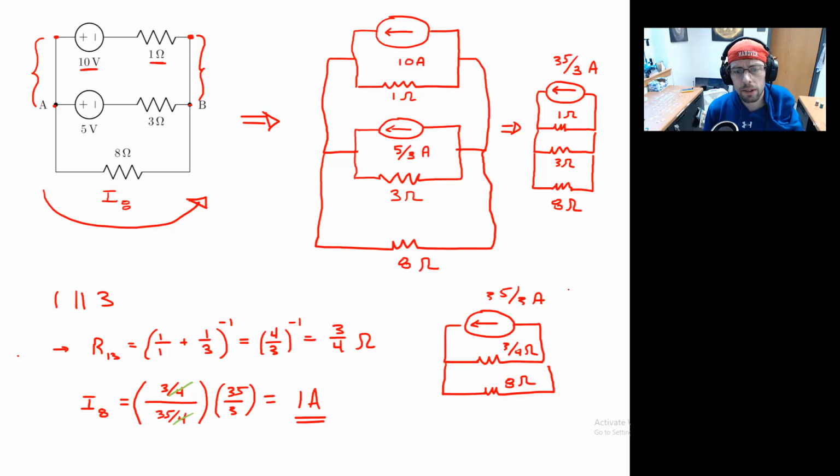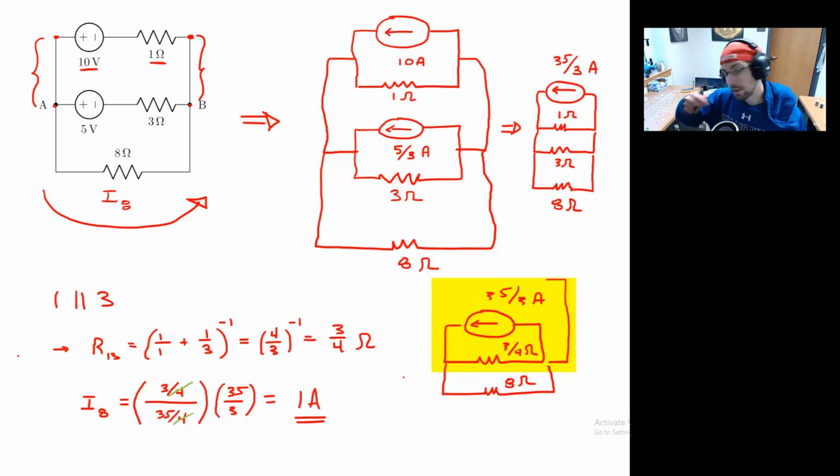Lastly, one more comment here. Once you combine your current supply, yes, you could do a reverse source transformation. It'll be particularly useful right here when you have your current supply and your parallel resistor.